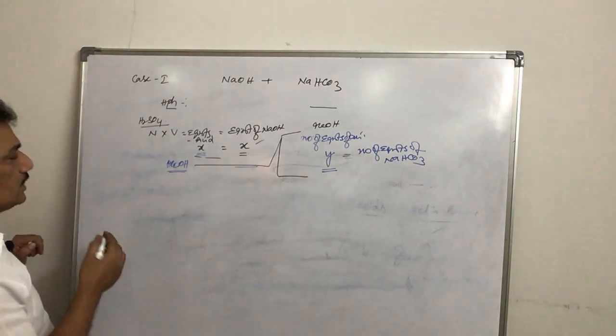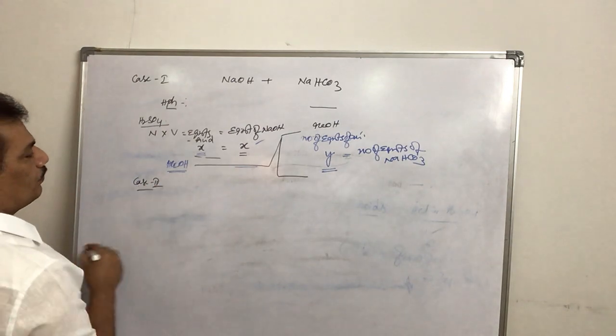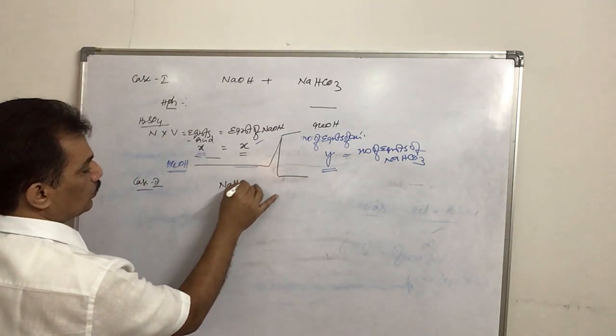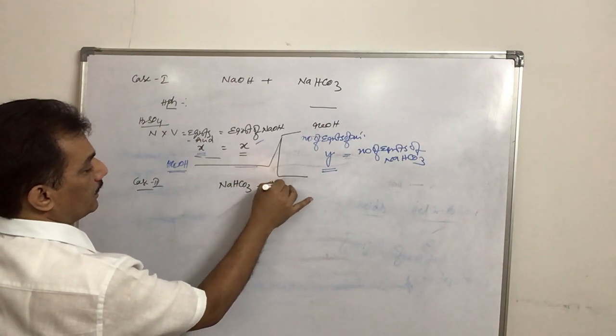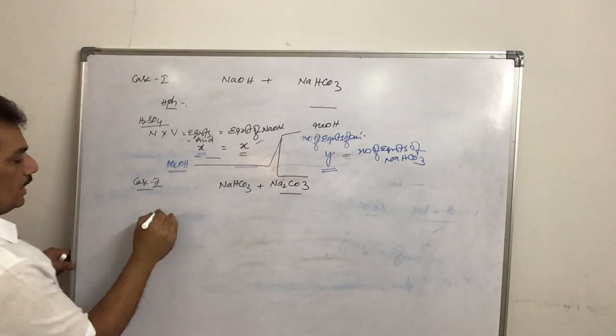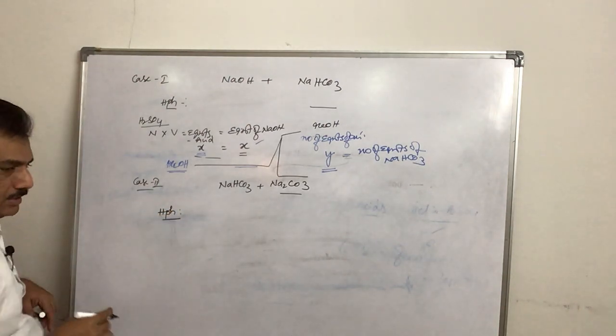Now let us move to case 2, when it is the mixture of NaHCO3 plus Na2CO3. Here we carry out the titration with HPH.